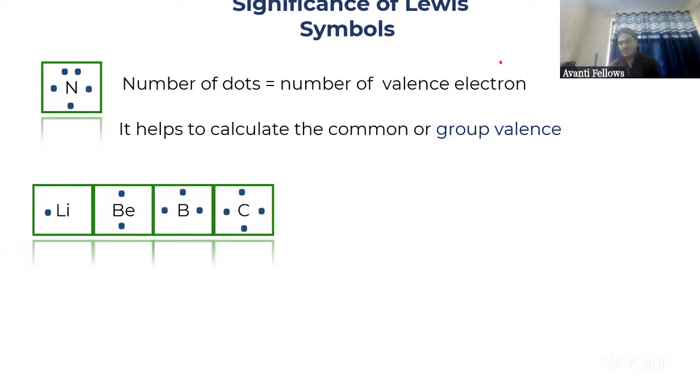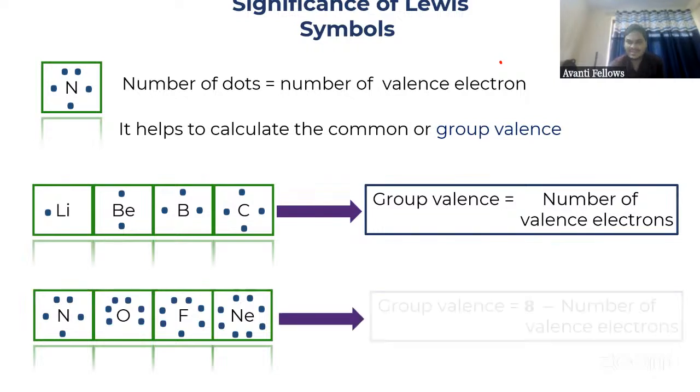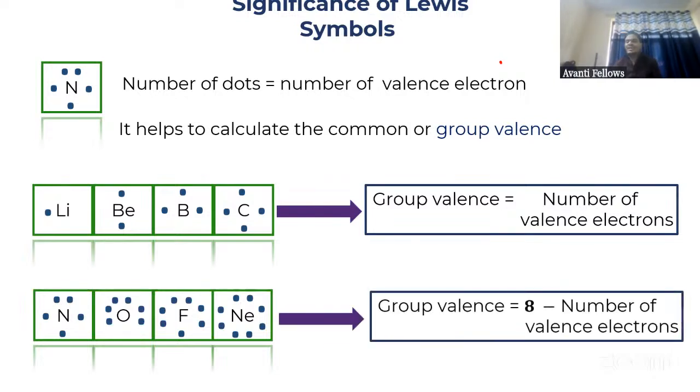If we talk about group 13, all the elements have three valence electrons only, so their dot structure is similar. So it indicates the group valence, that is the number of valence electrons. And how will you calculate the valency? That is 8 minus the number of valence electrons.